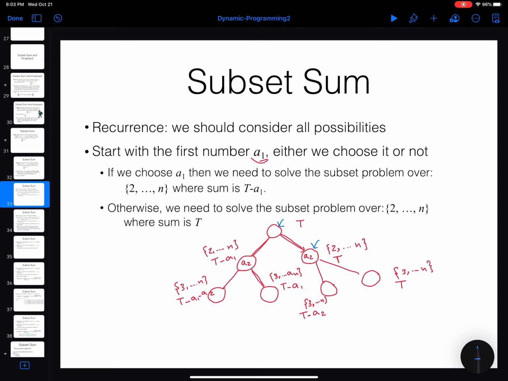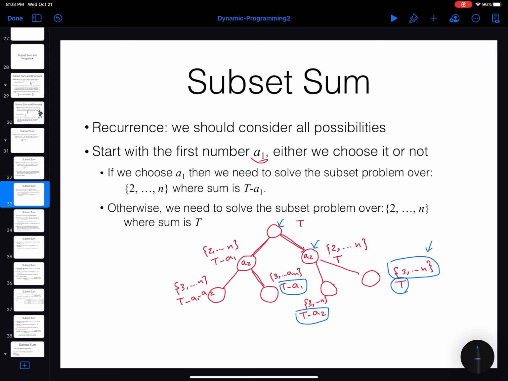All of them are going to have different parameters, and I have two main parameters. One of them is the target number, the other one is the set of items that I'm working on. So you have T or T minus A2 or T minus A1. That target number is changing, so this is one parameter that will change, in addition to the set of items that you can choose from.